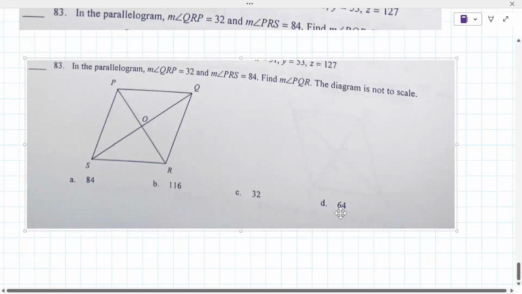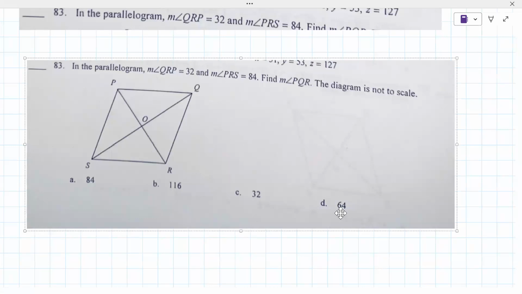All right. In parallelogram, angle QRP is 32. Let me put some letters in here. All right. Now, which of those letters is QRP?